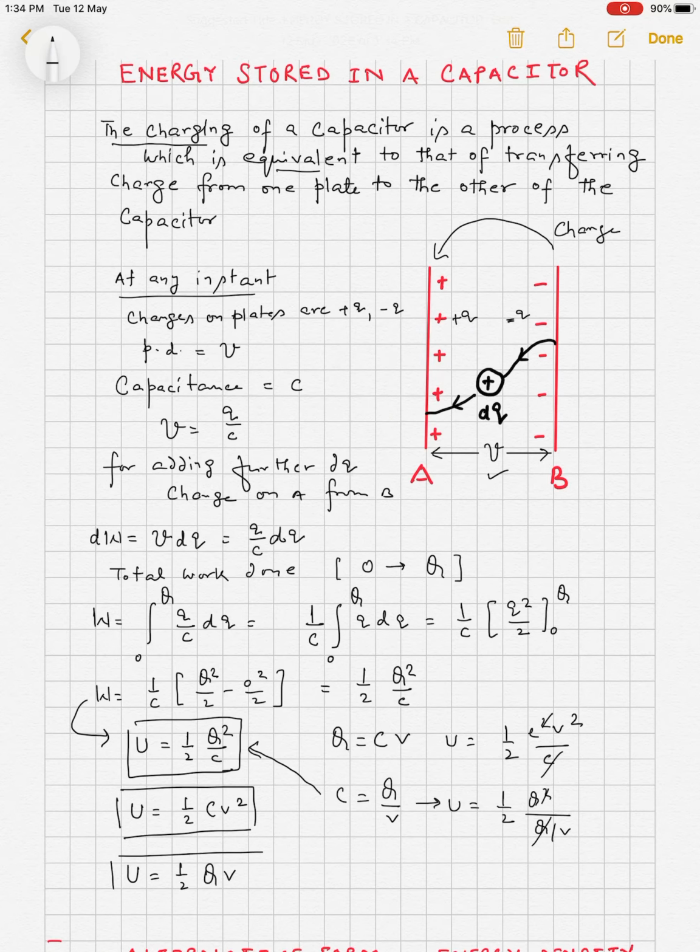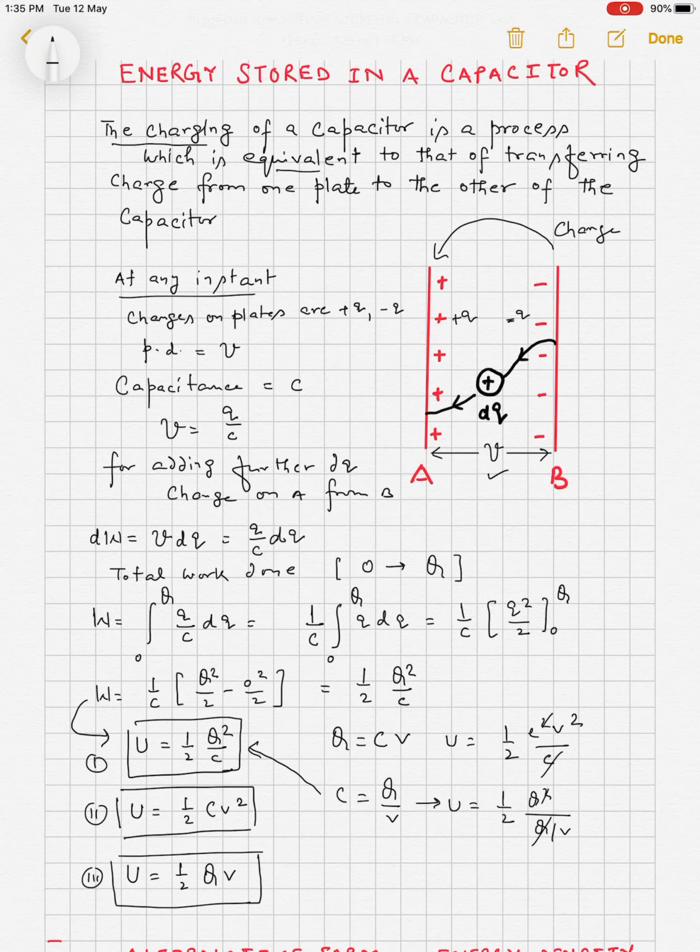So these are the three equations for the electrostatic potential energy of the parallel plate capacitor: half Q square by C, half CV square, and half QV. These are three equations.